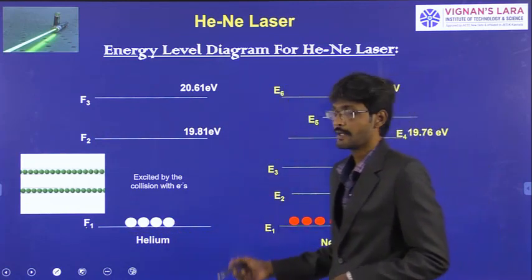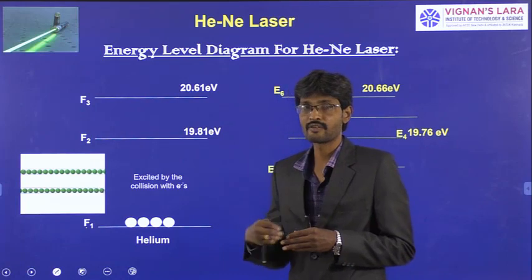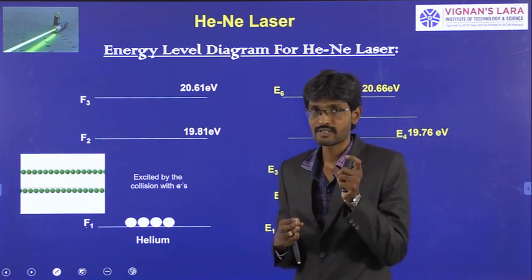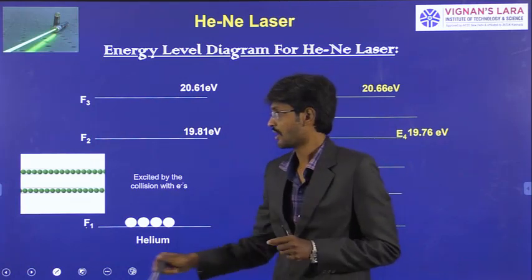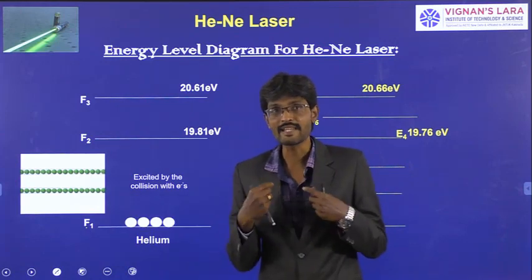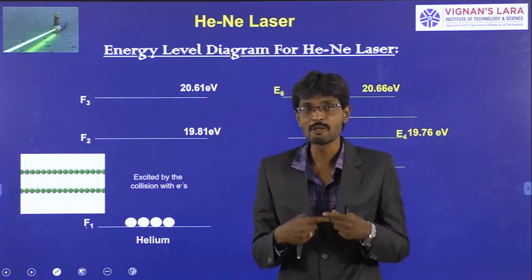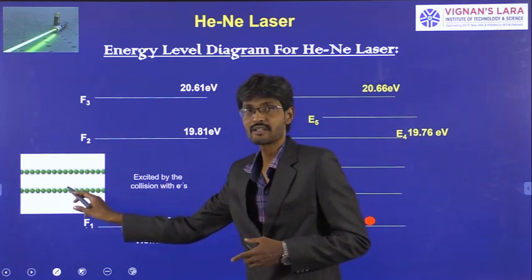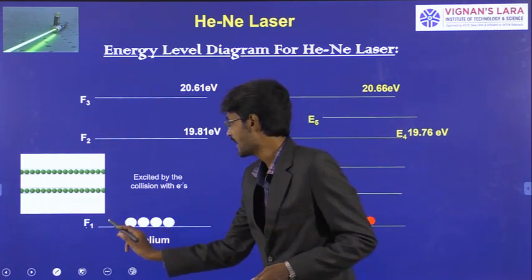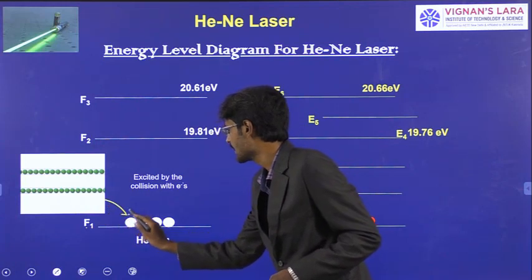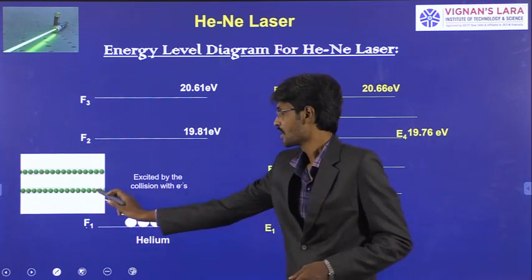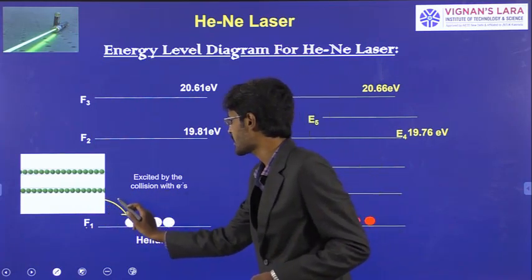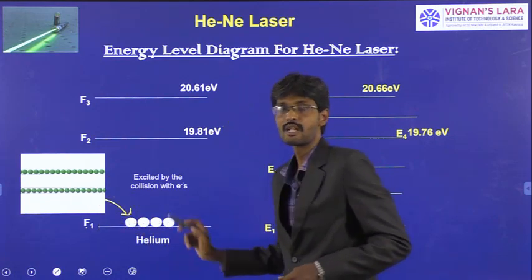Now, with the continuous flow of electricity, we have free electrons in the discharge tube. Those free electrons will gain energy and their kinetic energy will increase. As a result, the free electrons in the discharge tube gain energy and collide with the helium ions, so energy transfer takes place from free electrons to helium ions.